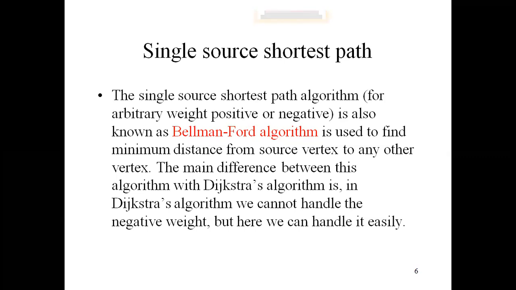The single source shortest path algorithm for arbitrary weights, whether the weight may be positive or negative, is also known as the Bellman-Ford algorithm. It is used to find the minimum distance from the source vertex to any other vertex.